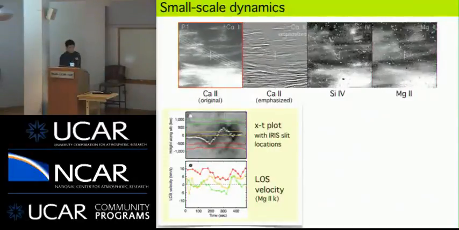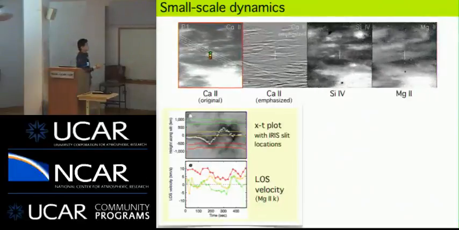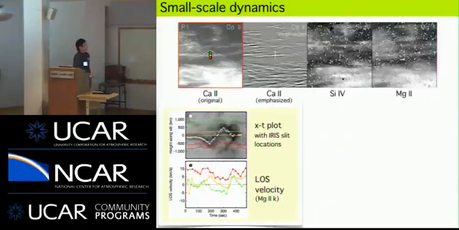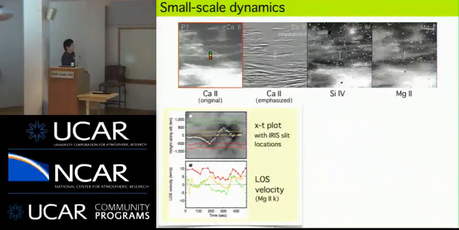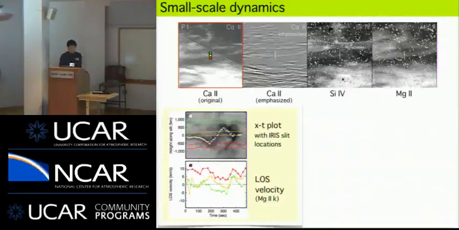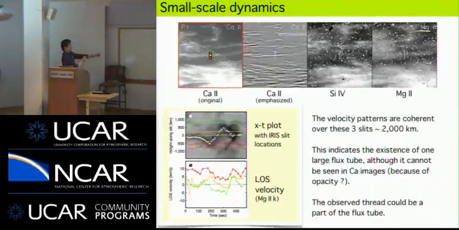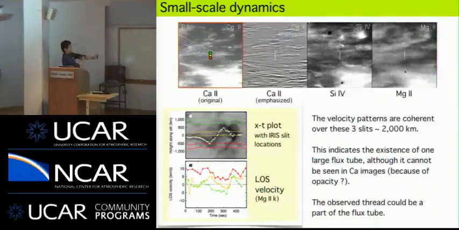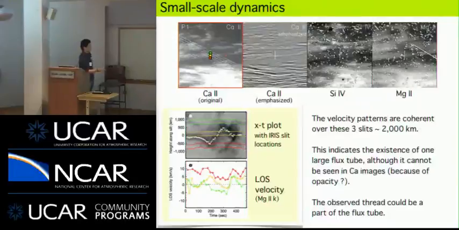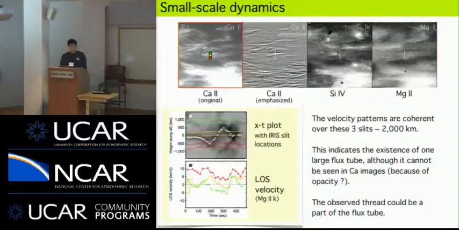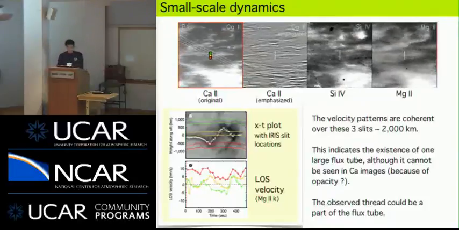And this color indicates the slit locations like this. And this is the velocity at these three positions. And from these panels, we notice that these velocities are in phase over three slit locations.